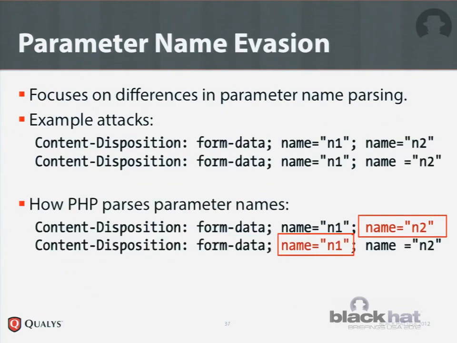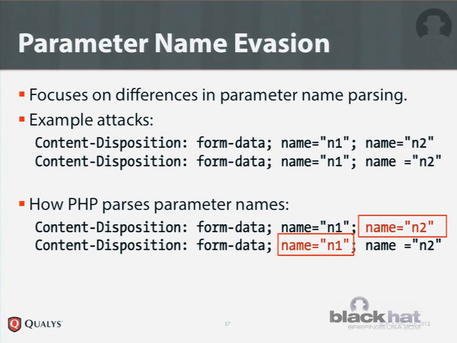Parameter name evasion is also very interesting, and this is sort of the same trick. In the content disposition header, you can supply multiple name parameters. And most parsing implementations will actually happily process them, and sometimes these implementations will take the first one that you plant, and sometimes they will take the second. I have 2 examples here.